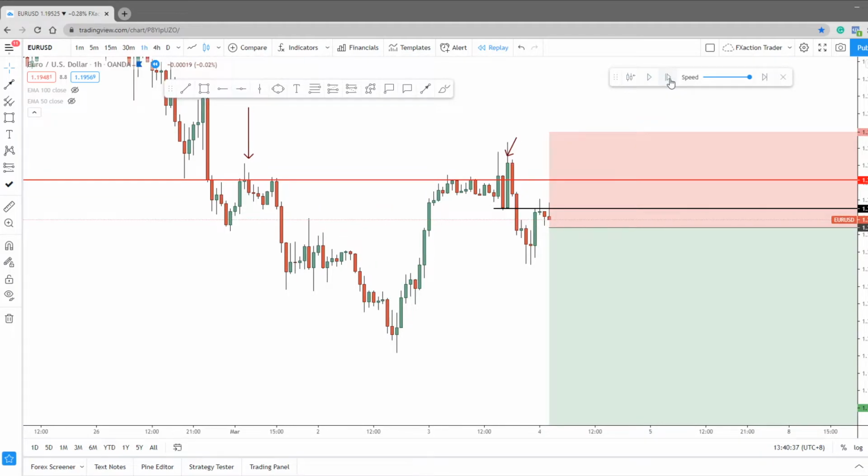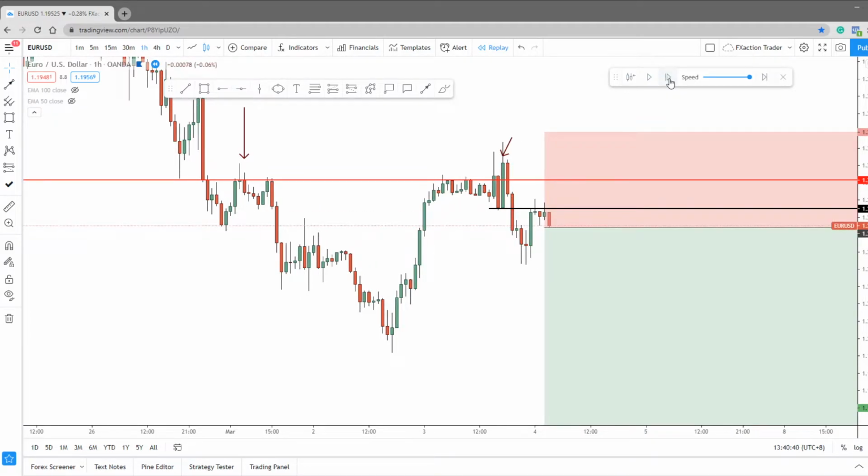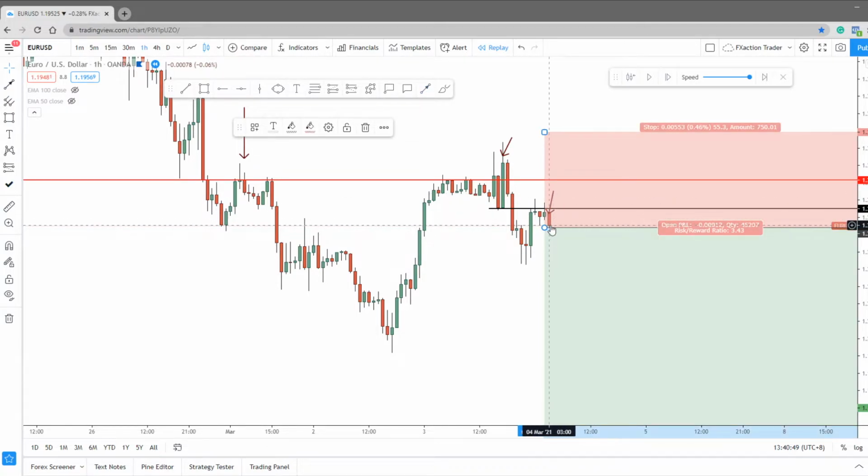And what we can see is that market has created something like a double top pattern, and this bearish engulfing candlestick is my entry signal for the sell trade.